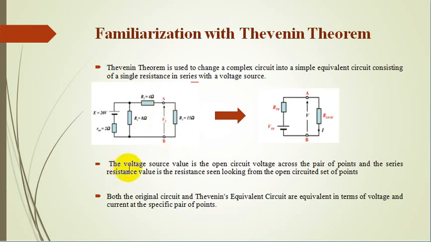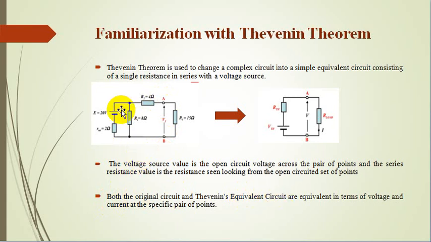The voltage at the pair of points A and B, after solving with the Thevenin theorem, is called the Thevenin or open circuit voltage. The same goes for the resistance at the points A and B, which is the open circuit resistance.